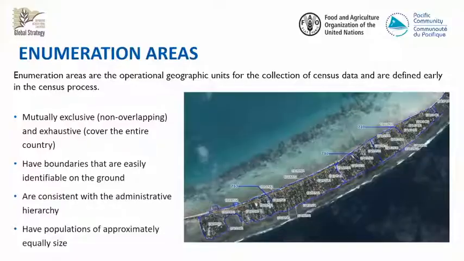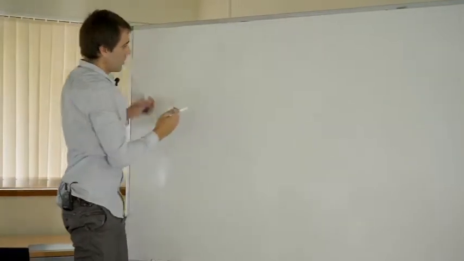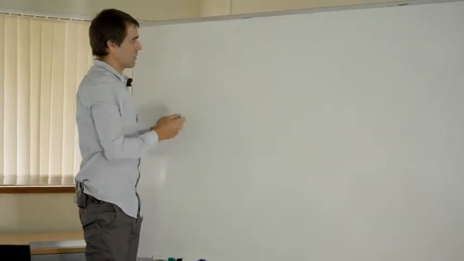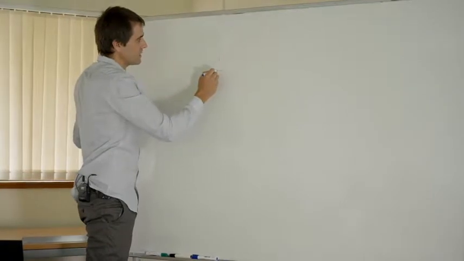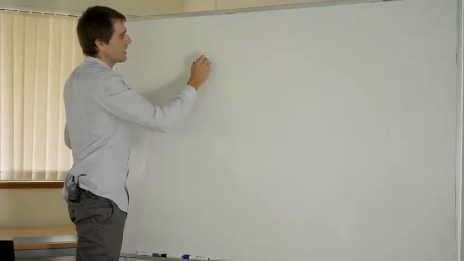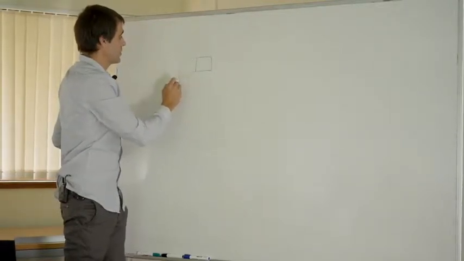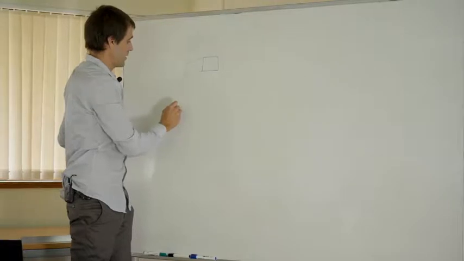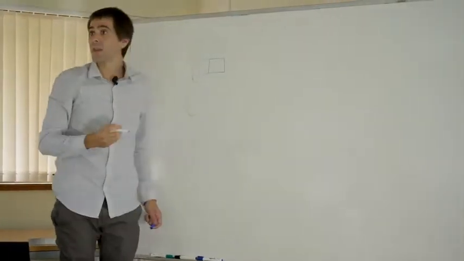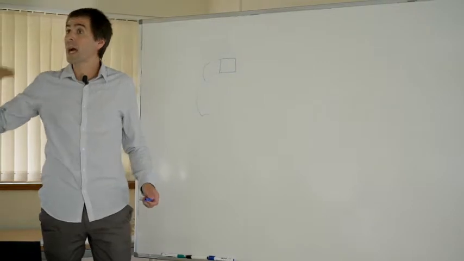They should be consistent with the administrative hierarchy, which means that if I have this district, this is D1, all my EAs' external boundaries have to match with the administrative level above.